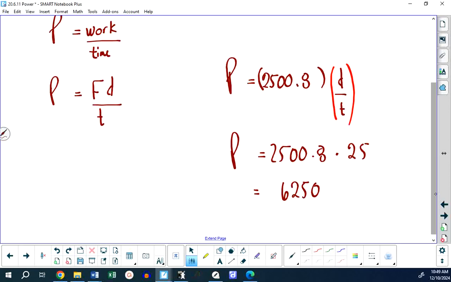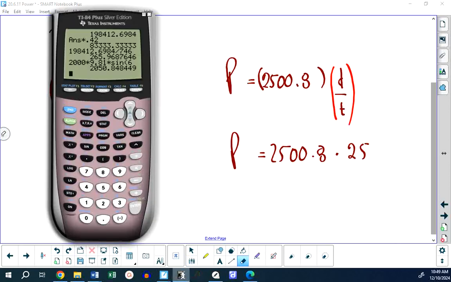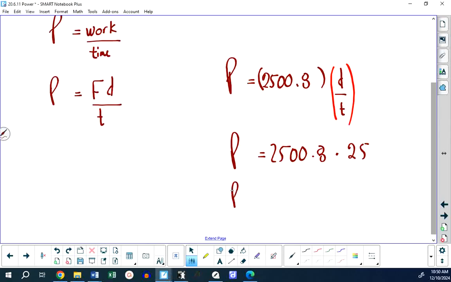Well, I don't know what that 0.8 is going to do, so I'll include it. 2,500 plus the 450, this times 25. 62,521 watts. Ish.